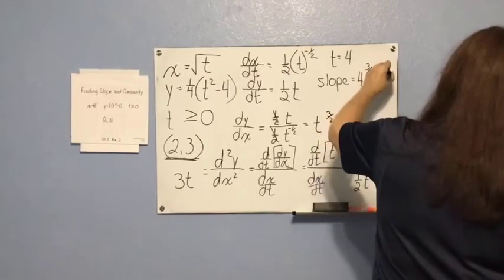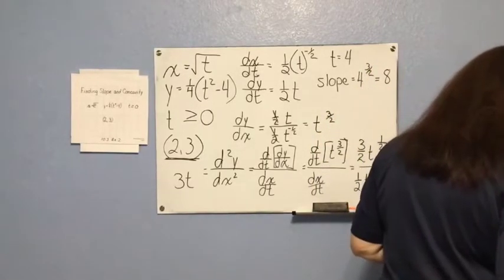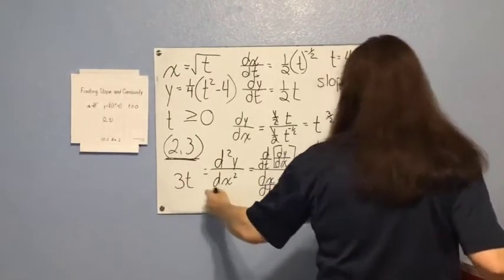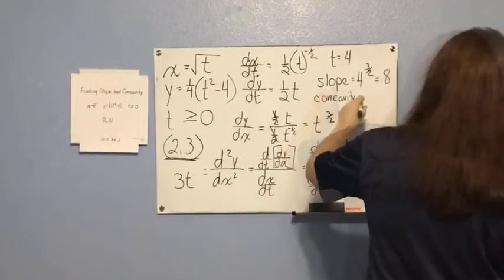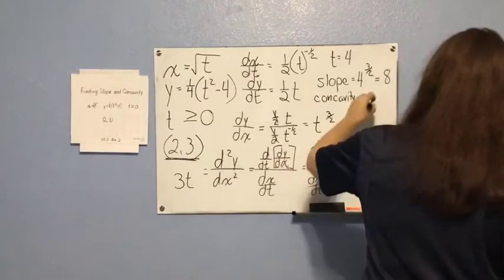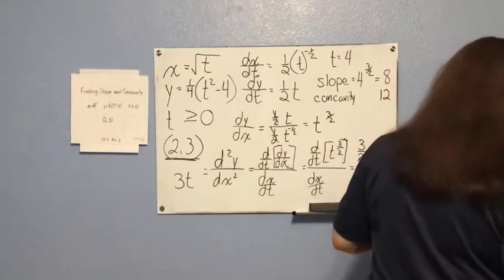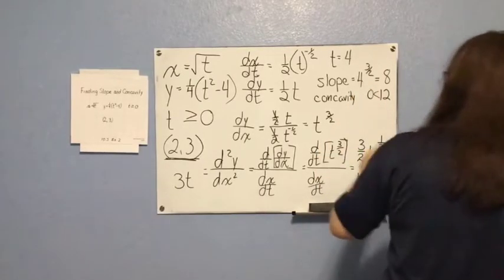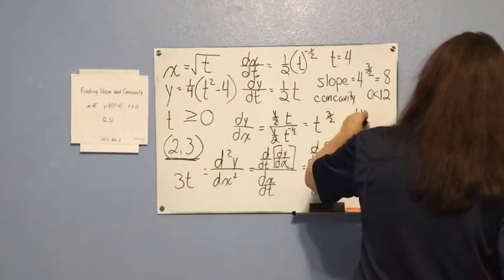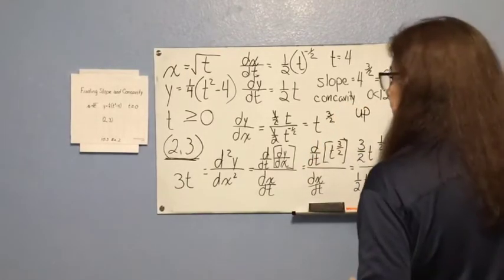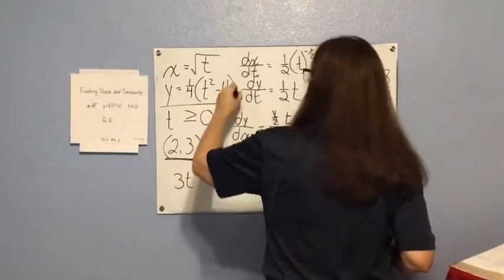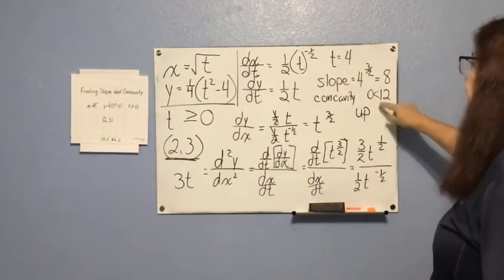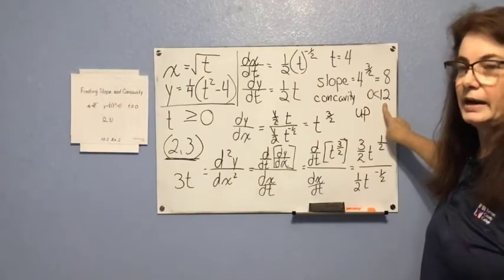So square root of 4 cubed would be 8. And then this is our second derivative. So for the concavity, I'd have 3 times 4 would be 12. And we know that 12 is greater than 0. So the concavity would be up. So for this set of equations, at the point 2, 3, we have a slope of 8 and a positive concavity, so it's concave up.